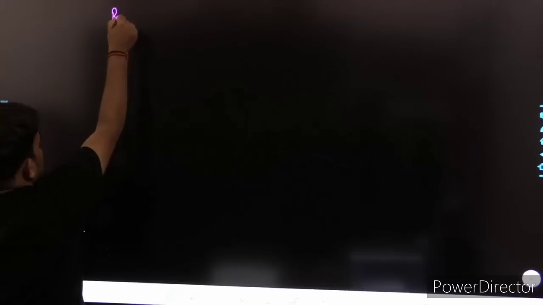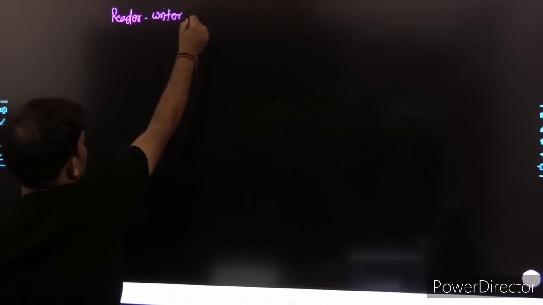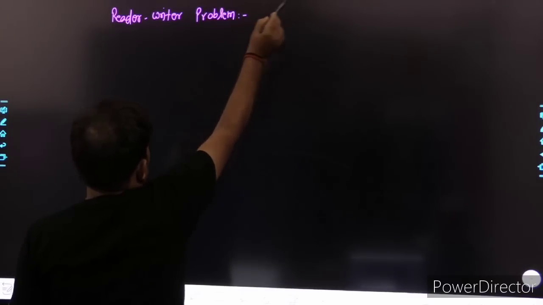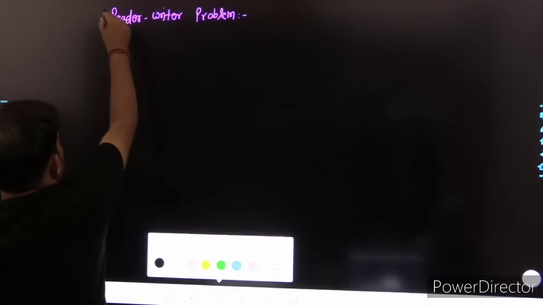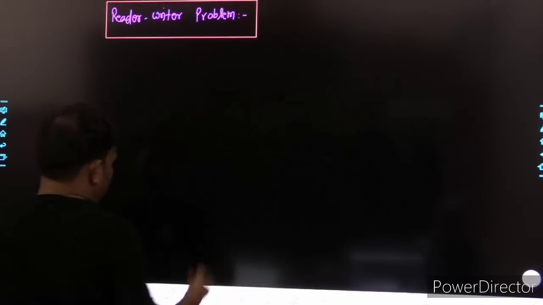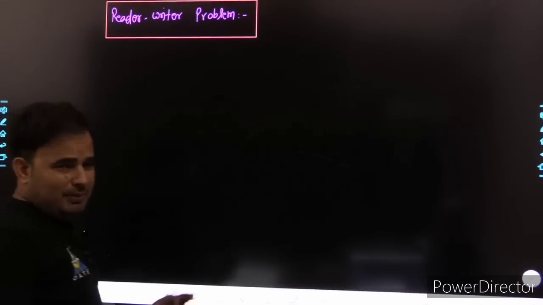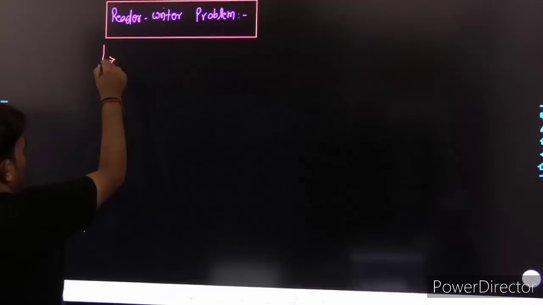Reader-writer problem. And we will see in the same video the solution of the reader-writer problem with semaphore, as I told you. So my dear friends, please note down this point also.